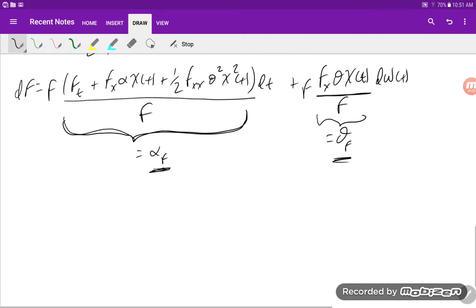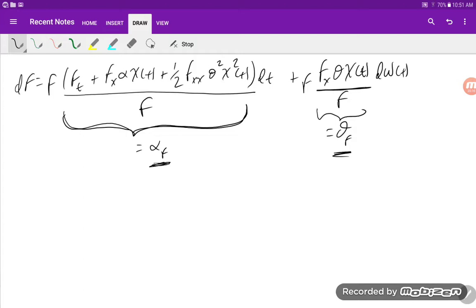All right, so why do that? Well, let's simplify this, given these new terms we've created. So we have df is equal to f alpha subscript f dt plus f sigma subscript f dWt.